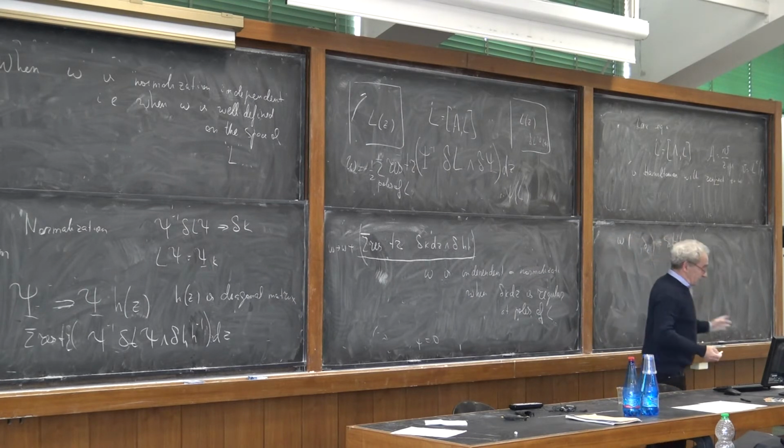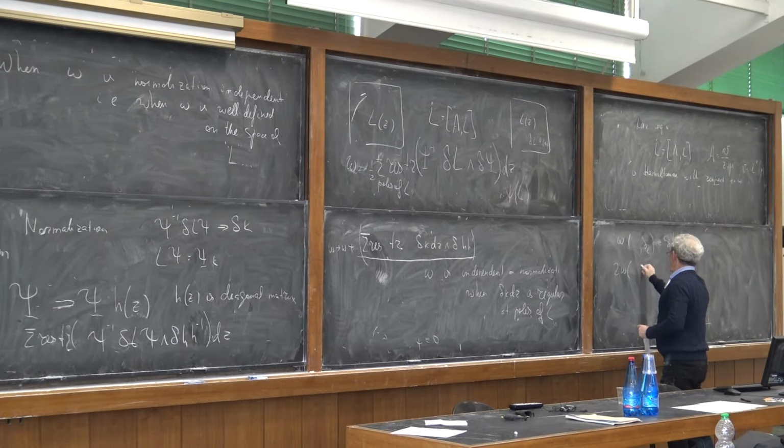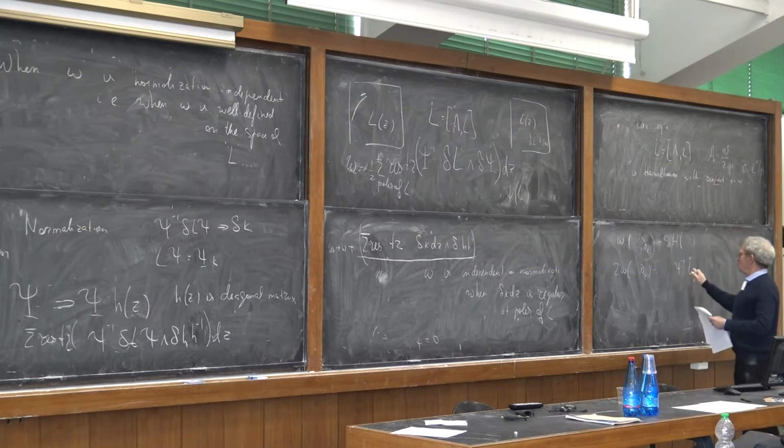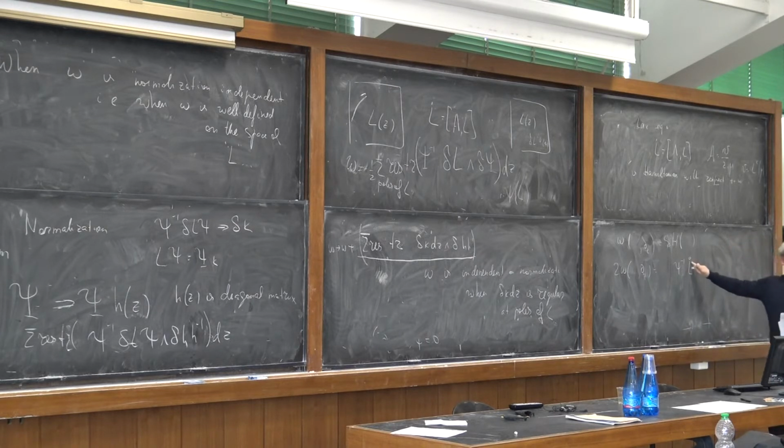And this can be checked elementarily. So omega contracted with d/dt. What I am doing: I take psi inverse L dot, so instead of delta L I have to substitute the derivative of L, delta psi minus psi inverse delta L psi dot.